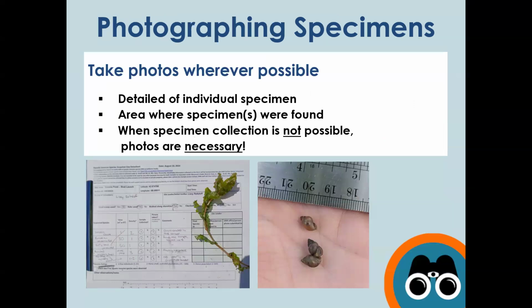When you're taking pictures, just make sure that the image is fully in focus, and you can use a common object for scale if you want. Remember hands, if you have something in your hand, hands come in all different sizes. So we want to try to get the specimen on the data sheet or next to a ruler. The data sheets that we just went over, you can see in this picture, these are printed on waterproof paper.